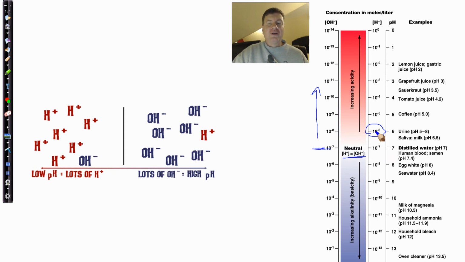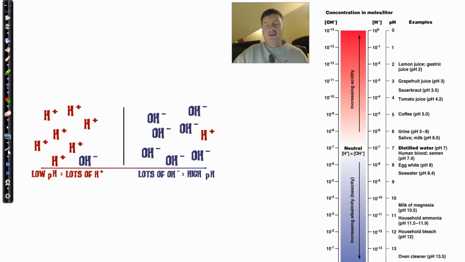That's kind of a weaker acid. But by the time I'm up here, 10 to the negative 2, that's much more concentrated, because again, negative exponents kind of work the opposite. So negative 2 is a far bigger concentration of hydrogen ions than 10 to the negative 6.